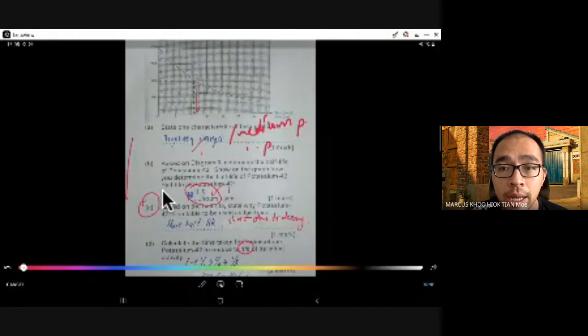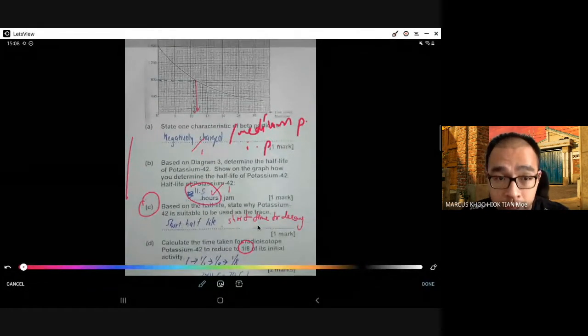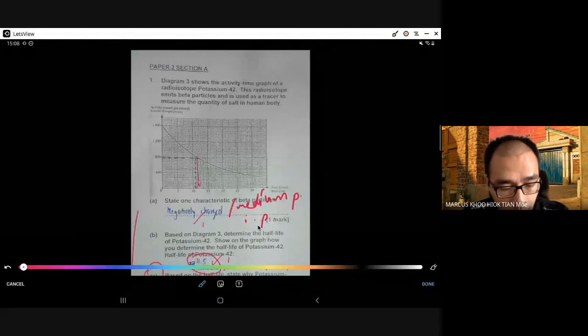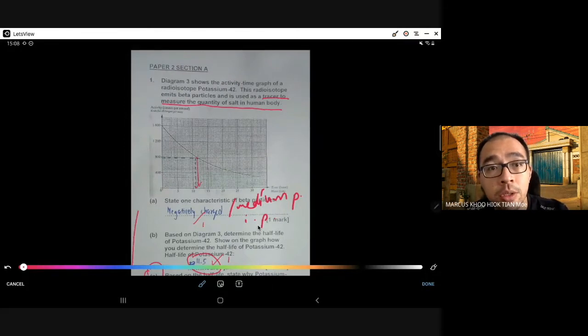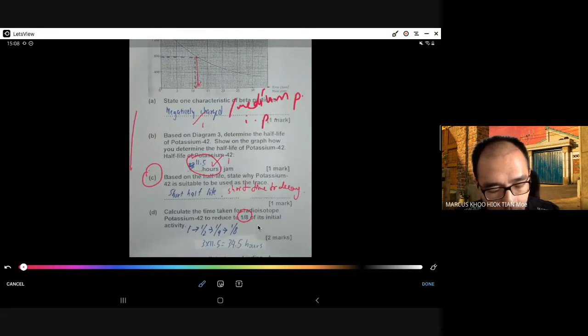I would actually come back to what this is being used for. It says the radioisotope is used as a tracer to measure the quantity of salt in the human body. So it is used as a tracer to see how much salt is inside your body, to find out whether you have health problems, high blood pressure, etc. When you have something with a short half-life, it takes a short time to decay.